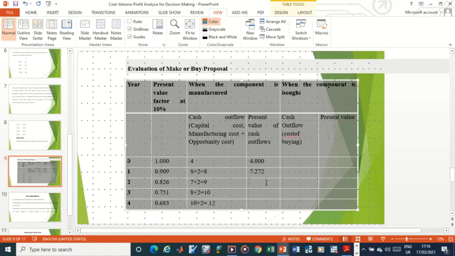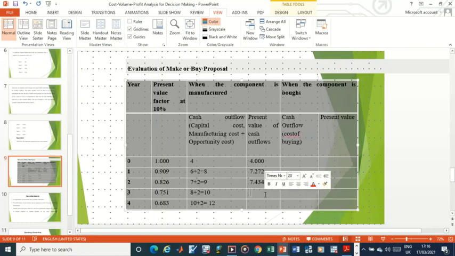Okay. So 0.826 multiplied by 9 will give us 7.434. That's what it will give us.